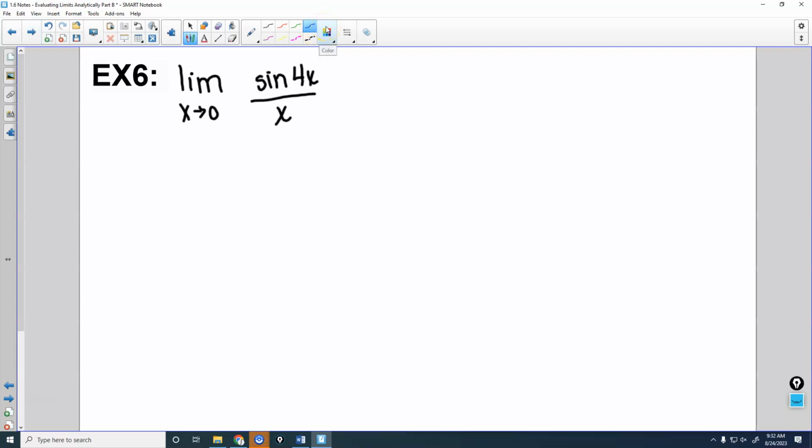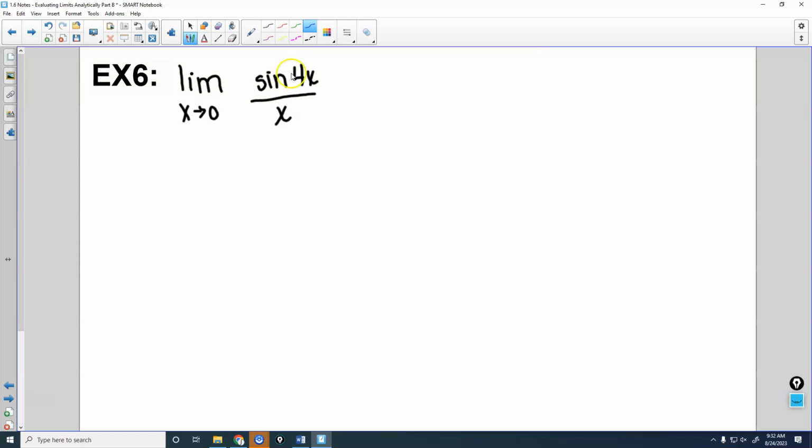So it is going to be just 4. But the reason it is just 4 is different than the reason that the other one was just 4. Now, you can kind of get away with just saying it's 4. But let me show you. You've got to think about it a little bit differently.